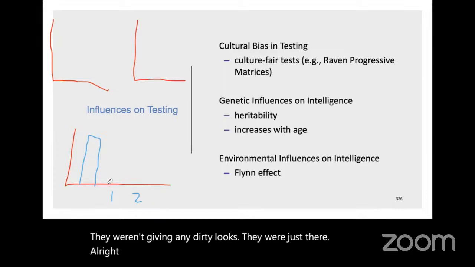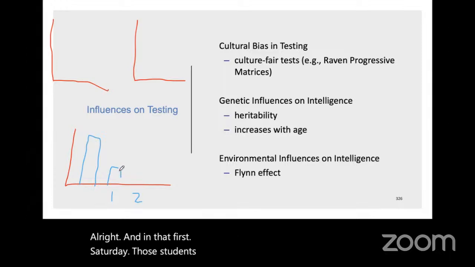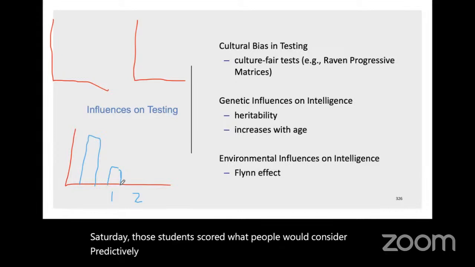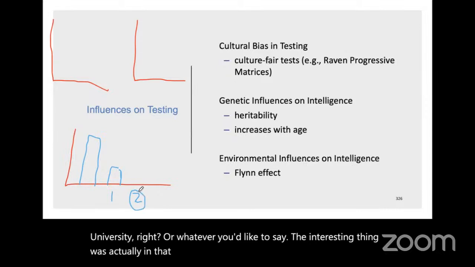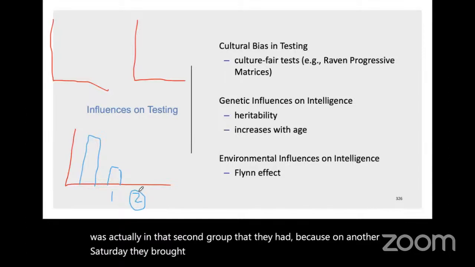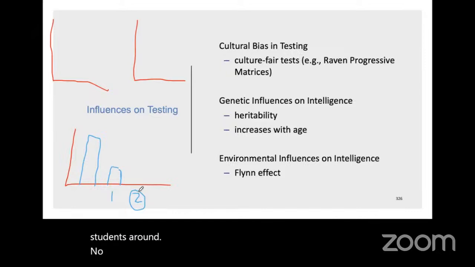And in that first Saturday, those students scored what people would consider predictively low because these students weren't going to Stanford University, right? Or whatever you'd like to say. The interesting thing was actually in that second group that they had, because on another Saturday, they brought students there and there were no other students around. No other students. The only person there was a tester that collected the test.